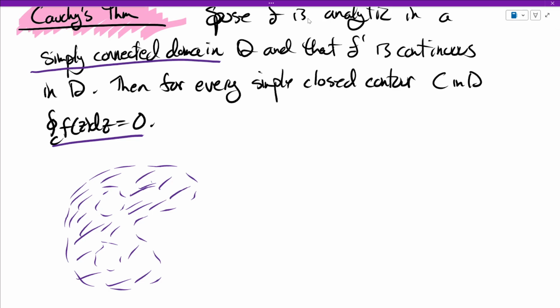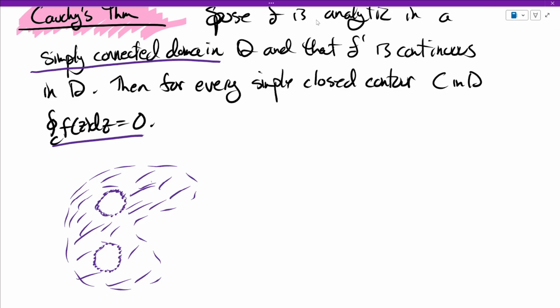So this guy is missing these holes. Make them a little bit more pronounced here. It's missing these holes here. And so since it's missing these holes, this is an example of something which is non-simply connected.